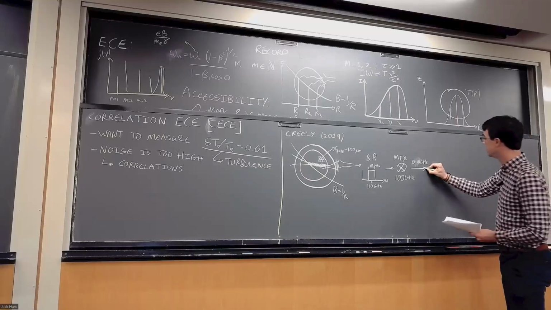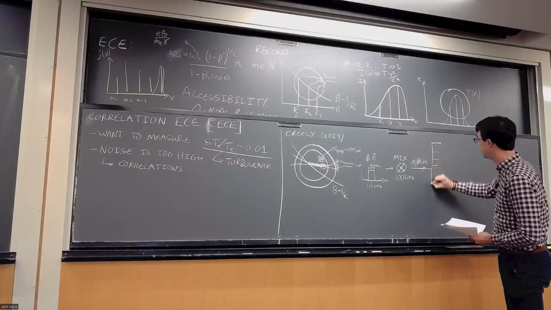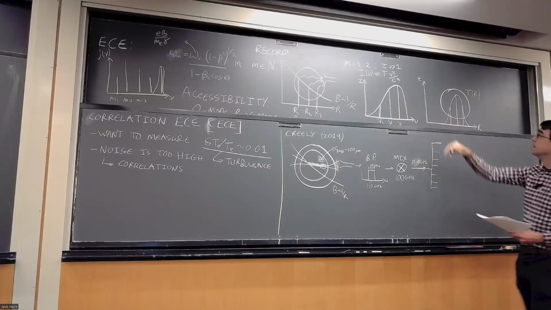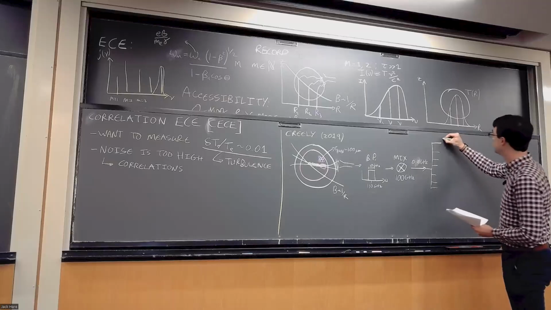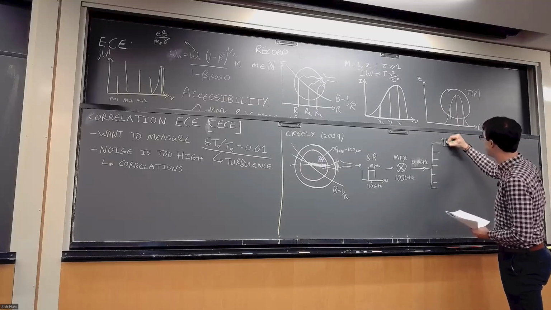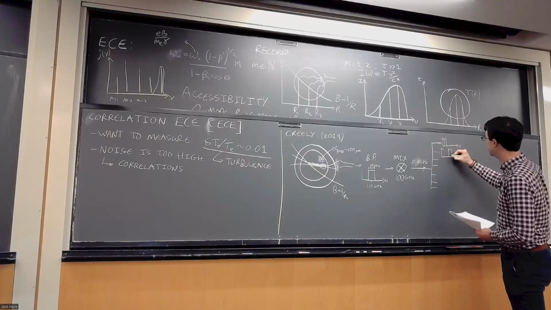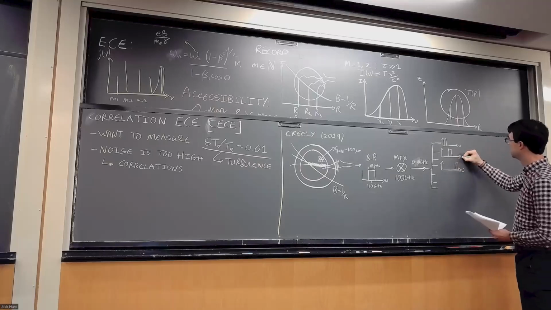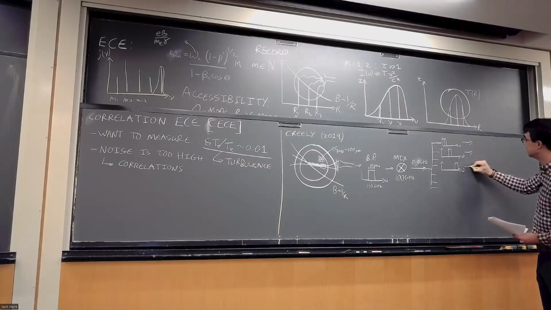And what we do is we then amplify it, and we split it off, as we did with our standard electron cyclotron diagnostic, through a series of different bandpass filters. So there might be a lower filter, medium filter, the high filter, and then we put these through to a set of detectors.